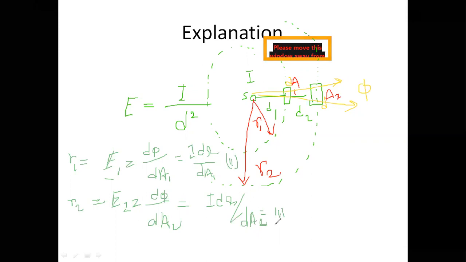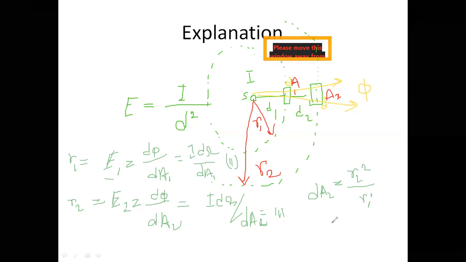So from this equation we can get dA2. Just remember equation 1: dA2 is R2 square divided by R1 square into dA1. So we can write it, and this portion comes here.